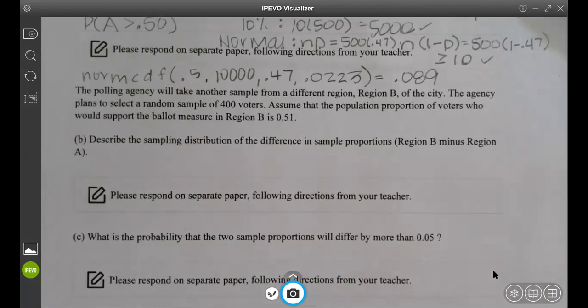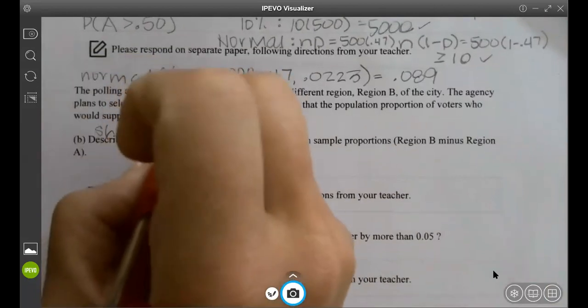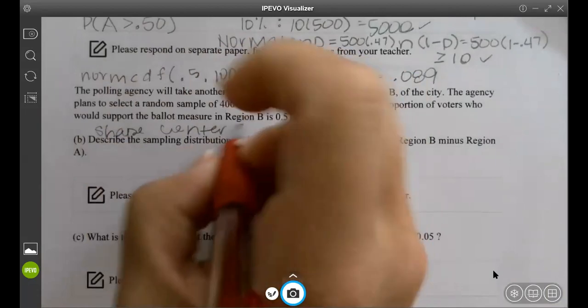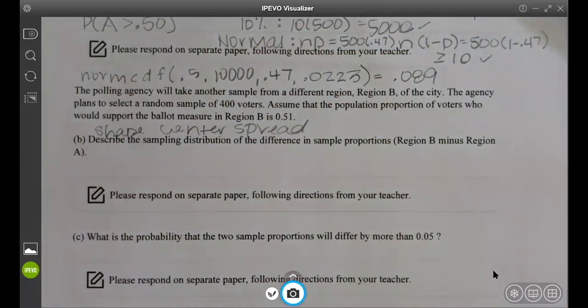Describe the sampling distribution. This is shape, center, spread. If there happen to be any outliers, then we're not going to have any because it's going to be normal. But it doesn't matter. It doesn't talk about outliers, so we're going to leave it alone. So when it says describe, you want to do shape, center, and spread. Okay.